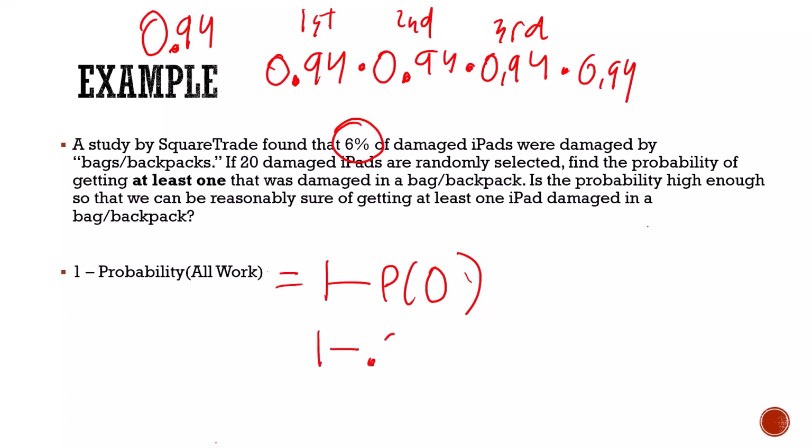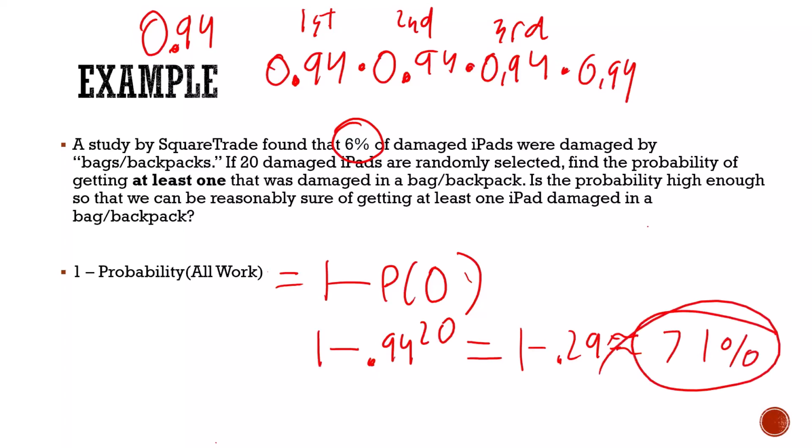So it's 1 minus. I can multiply like this because each event's independent, right?